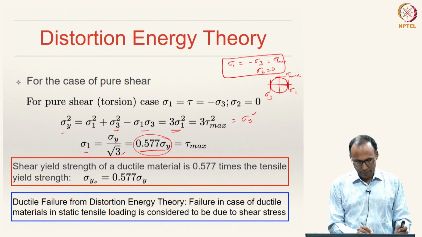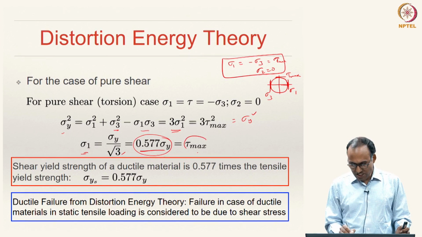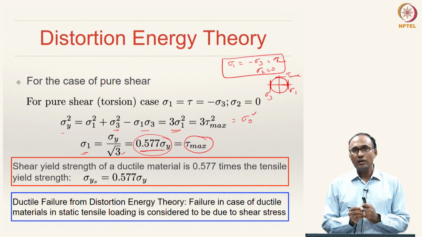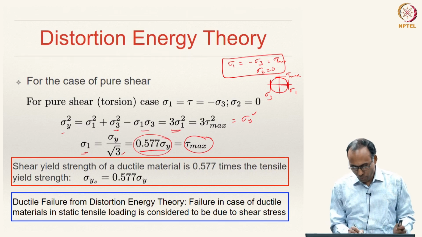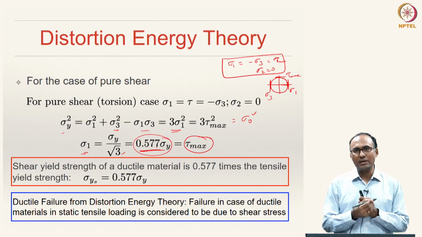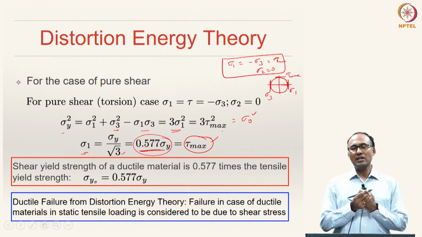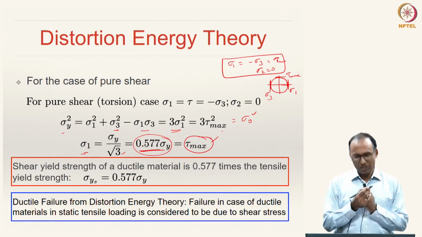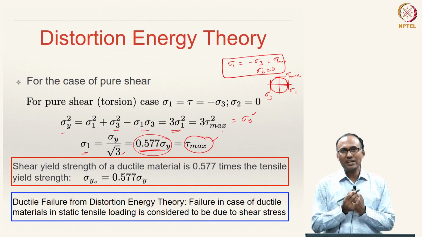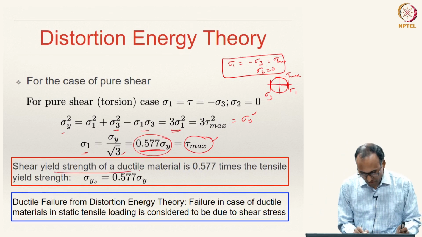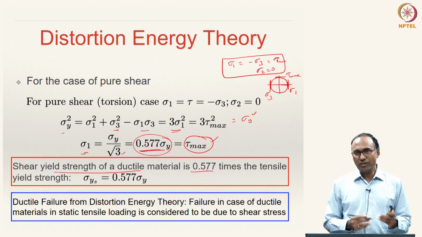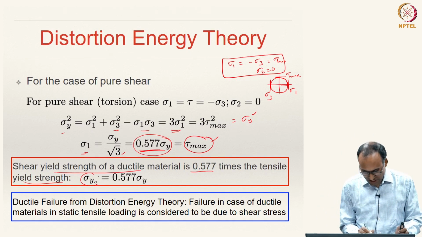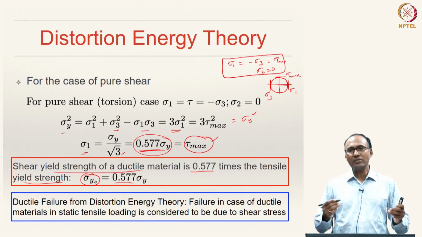When the maximum shear stress in a material at any point reaches 0.577 times the yield strength, that is when yielding or failure happens. Here when we say failure, we mean onset of plastic deformation. Otherwise put, the shear yield strength of a ductile material is 0.577 times the tensile yield strength of the material.